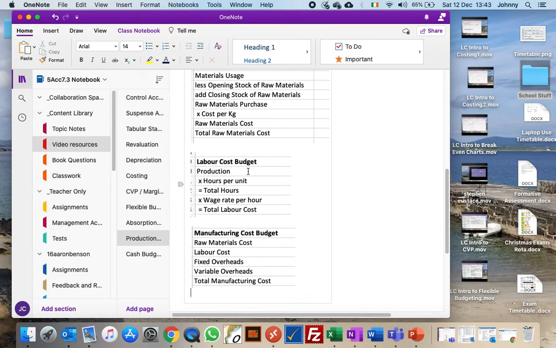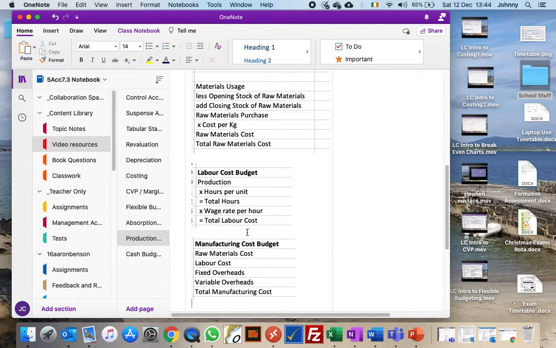So I have the amount I'm going to produce multiplied by how many hours of labor are put into making every product, and that will tell me the total amount of labor hours that I'm going to need to budget for this year. Multiply it by what the wage rate is, and that will give me my total labor cost. How much is the total amount I'll need to spend on wages this year? So that's my labor cost budget.